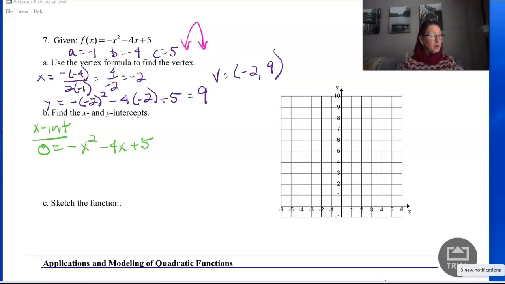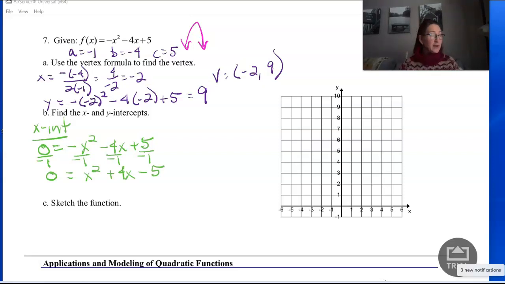All right, I'm going to go ahead and pull out a greatest common factor of negative 1. When I do that, basically all I'm doing is dividing every term by that negative 1. And so that's going to give me 0 equals x squared plus 4x minus 5.